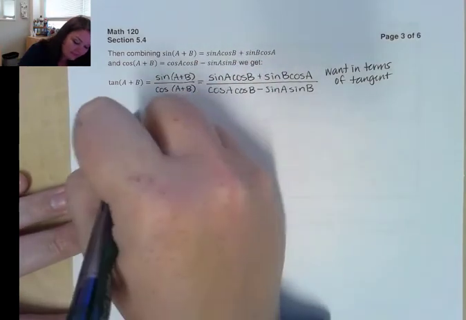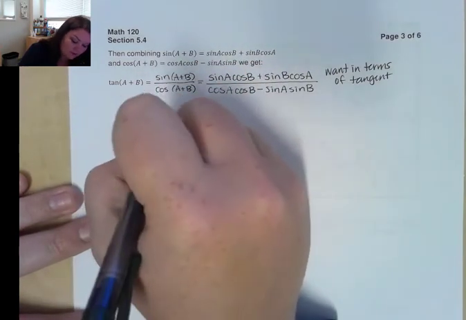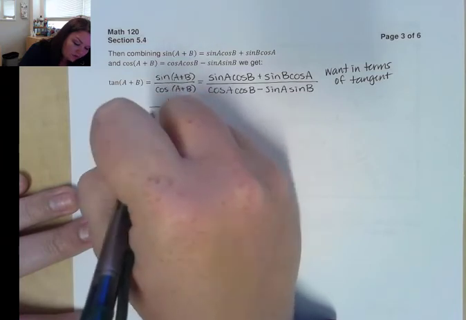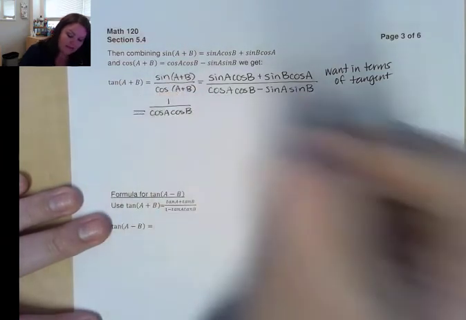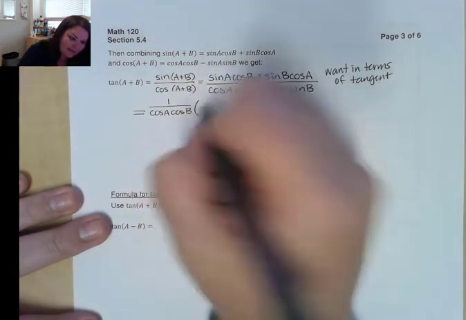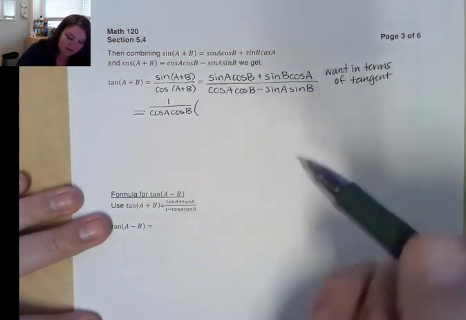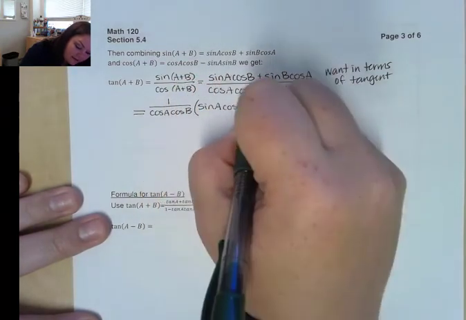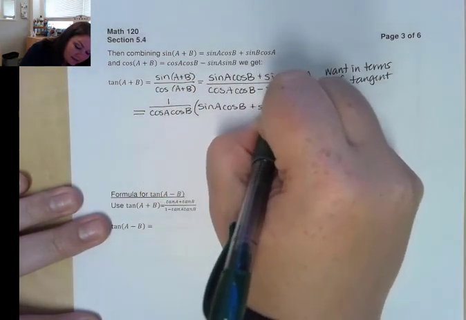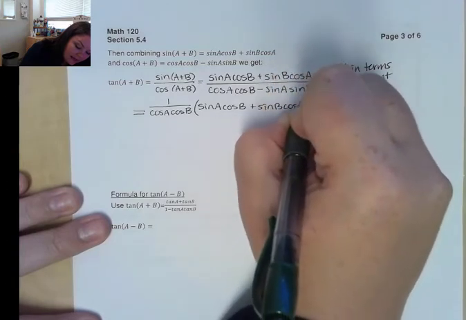I'm going to take 1 over cosine A cosine B, and I'm going to multiply it by this top piece, sine A cosine B plus sine B cosine A.